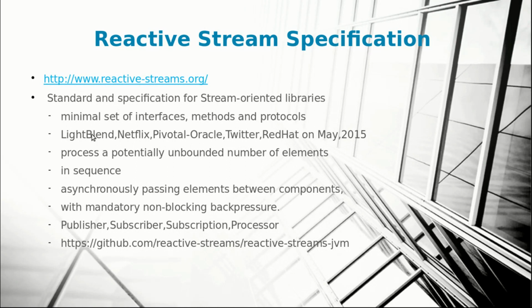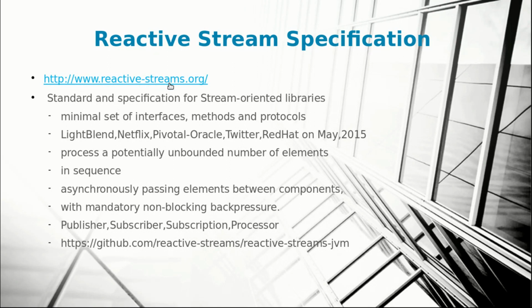It defines things like processing a potentially unbounded number of elements in sequence, asynchronously passing elements between components, and how to implement non-blocking back pressure. The specification defines four key interfaces: Publisher to represent the producer, Subscriber to represent the consumer, Subscription to define the context, and Processor to process the data.